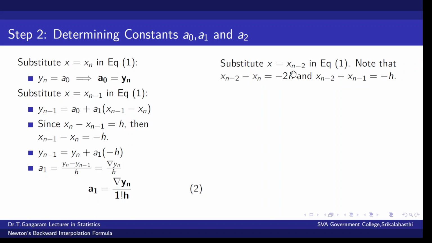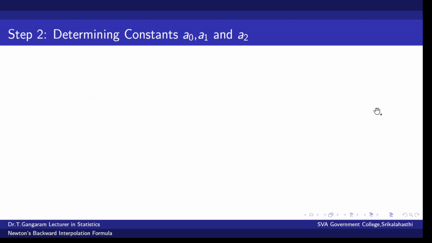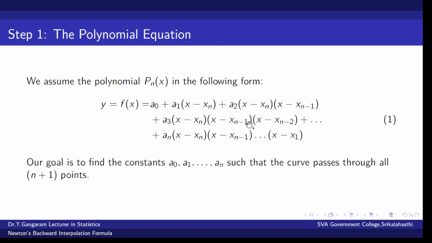Substitute x is equal to xn minus 2 in equation 1. Note that xn minus 2 minus xn is 2 times the interval. Because we are subtracting from xn minus 2, it is minus 2h. Similarly, xn minus 2 minus xn minus 1 is minus h. Now by substituting, except 3 terms, the remaining terms get cancelled from here onwards.